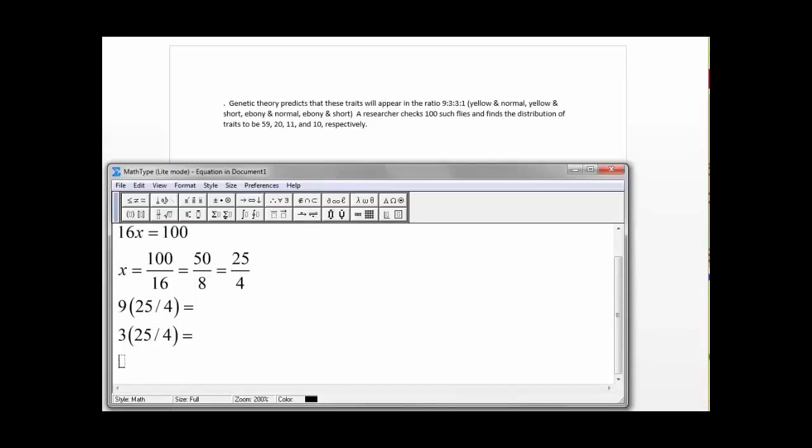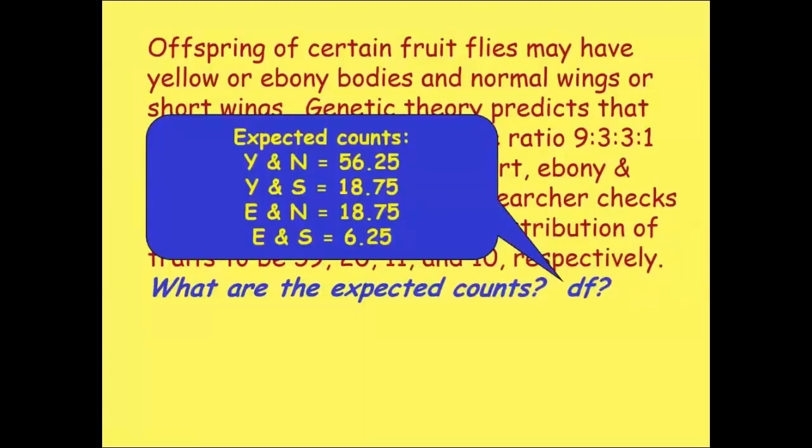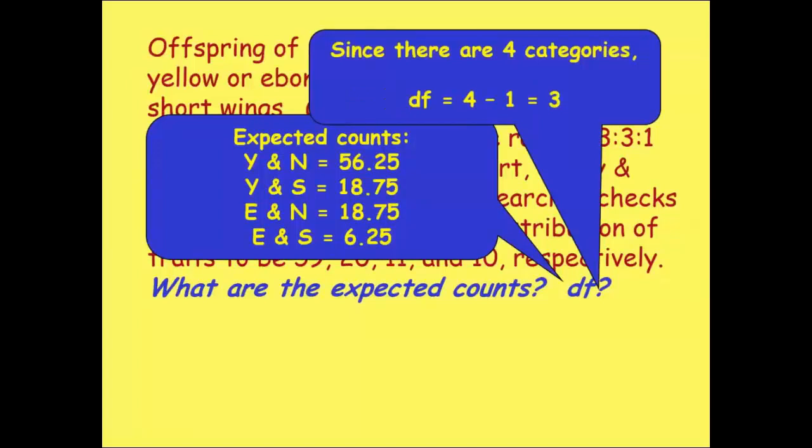And if I take the 1 times 25 over 4, that will tell me the other amount. So that's where we're getting these numbers from. Working out all those decimals that we just saw, we get those 4 numbers. And then our degrees of freedom would be 4 categories, because there are the 4 different types of fruit flies, minus 1, which gives us 3 degrees of freedom.